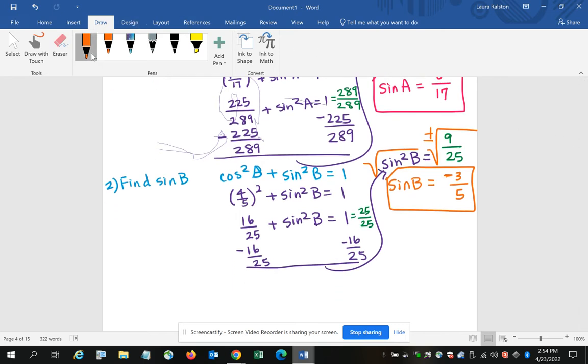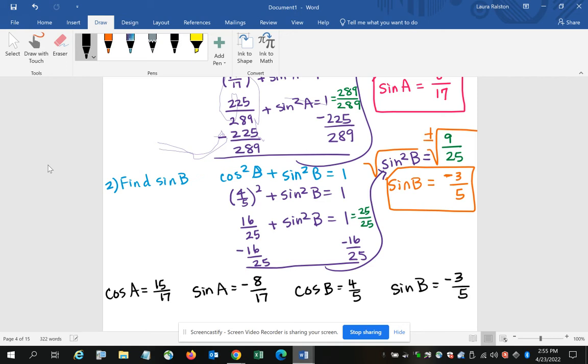We are told from the beginning that cosine A is 15/17, we determined that sine of A is negative 8/17. We're told cosine B is 4/5, and we determined that sine of B is negative 3/5.